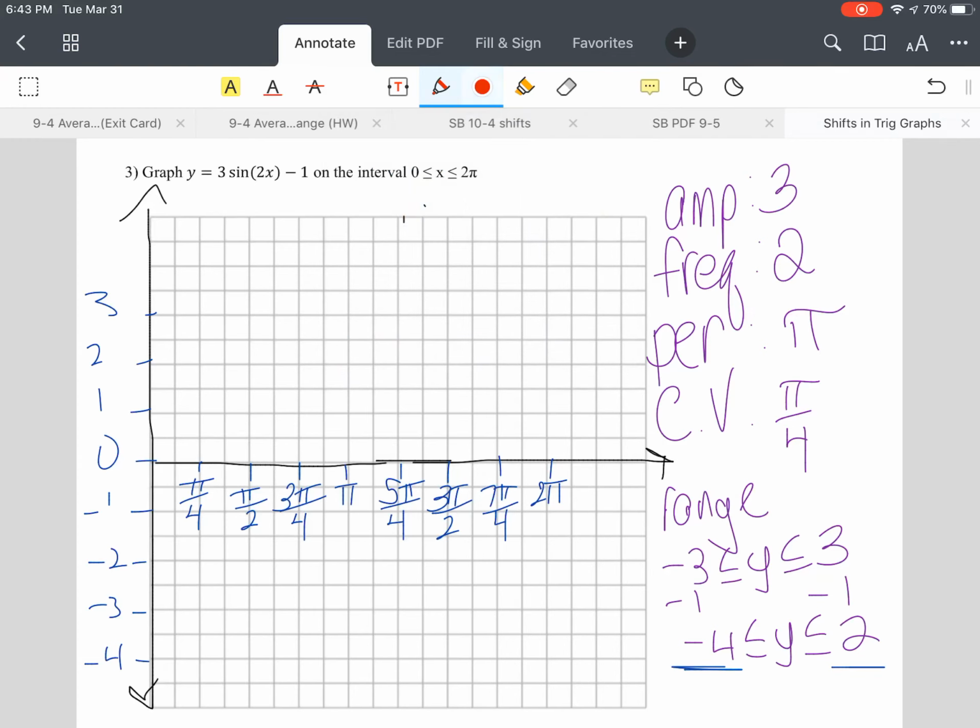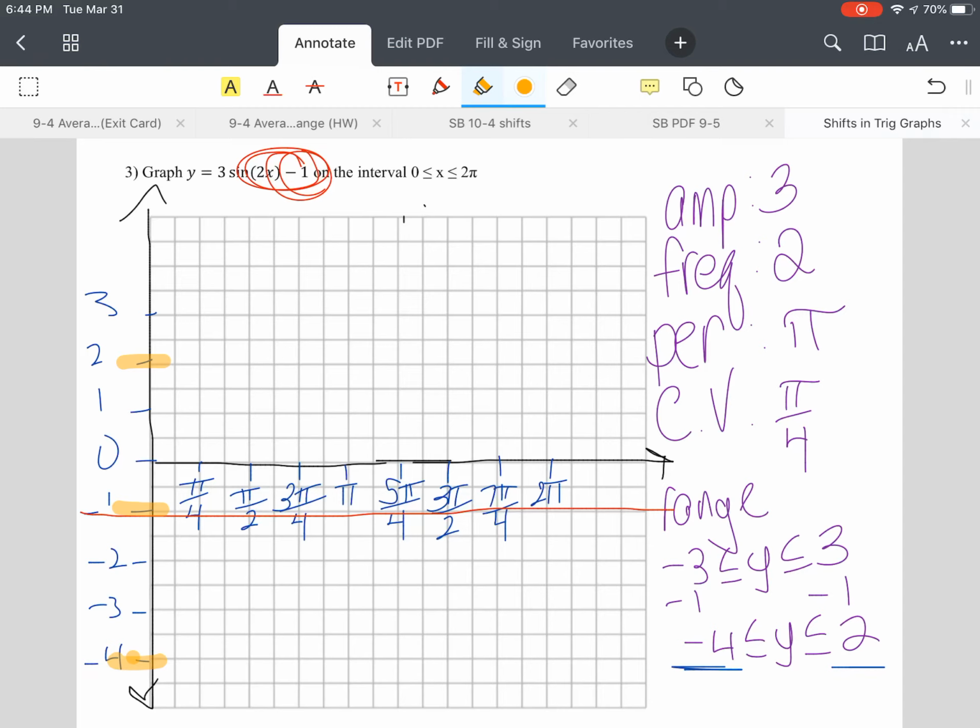Drawing my midline. My midline is at -1, right? -1. Okay. All right, I think we're all set. If we want to do a little highlight, just to kind of remind ourselves, we're going down to -4. Here's the midline, and we're going up to 2. Okay. So, let's do our graph.